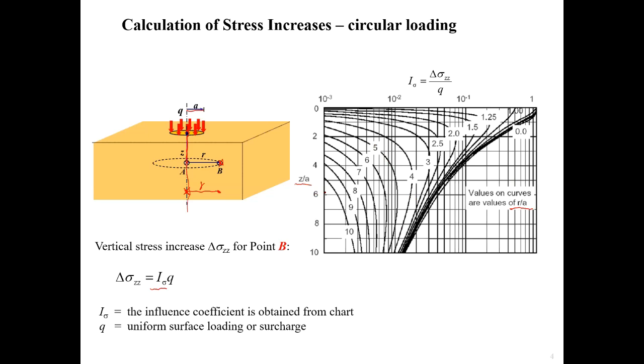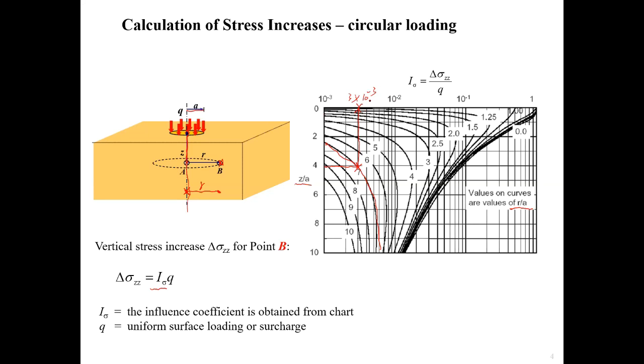Once you get Z over A and R over A, let's say R over A is 7, then obviously it's on this line, R over A is 7. Then you find Z over A, let's say it's 4, and you find the intersection point here. Then you draw a vertical line and intersect with the top horizontal axis. It gives you the influence coefficient, which is 3 times 10 to the power of -3.